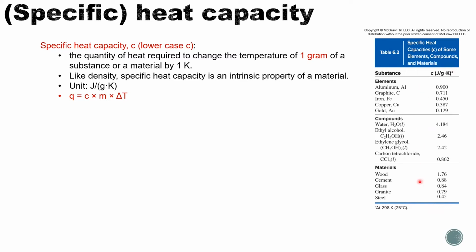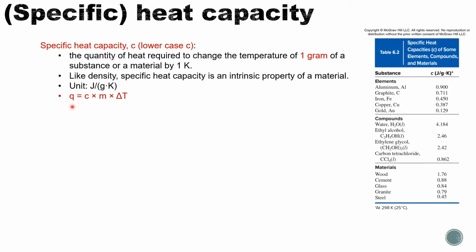If you look at this table, which one has the largest specific heat capacity? Well, you can find it's water. Water has a relatively large specific heat capacity, and that means given the same amount of heat, the temperature change of water will be small.